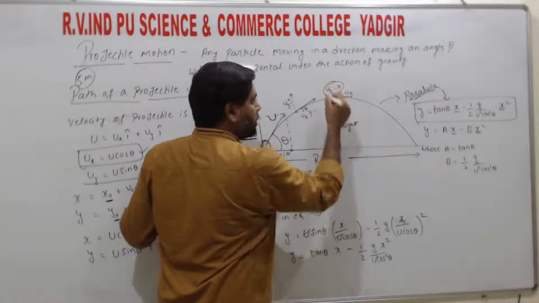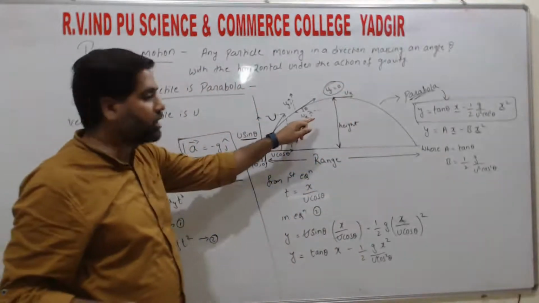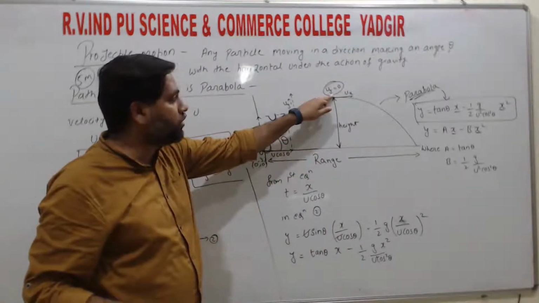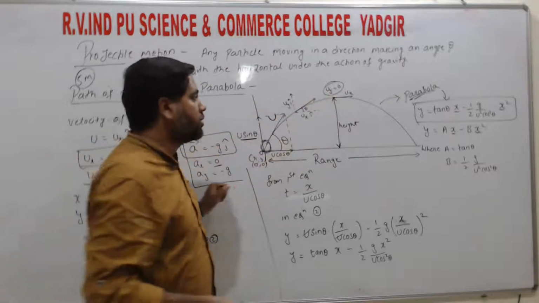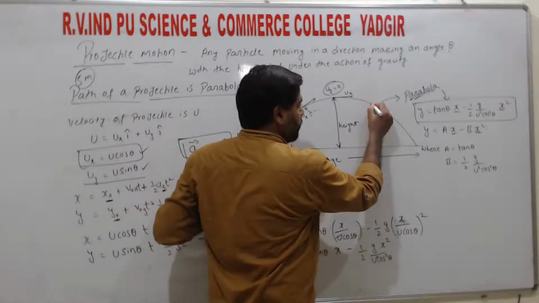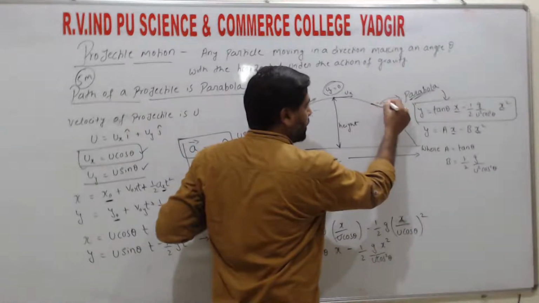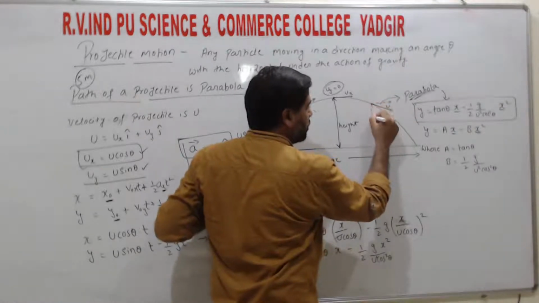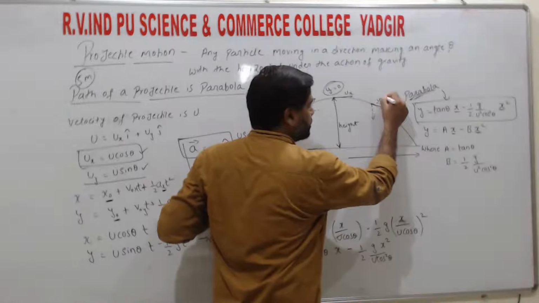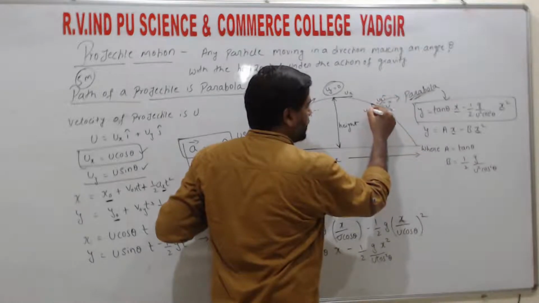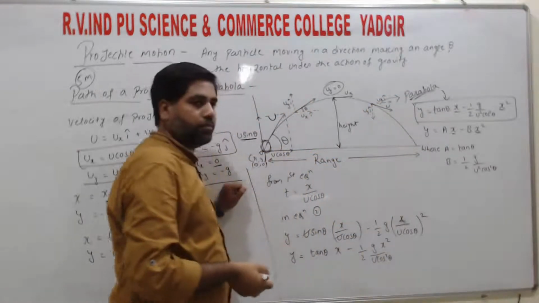So uy is equal to 0. That means the vertical velocity at the maximum height is 0, right? Again at this point, if I project it, the velocity is u, again with horizontal and vertical components, so ux i cap, uy j cap, right?